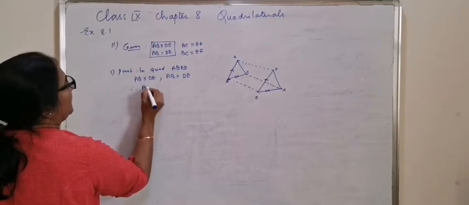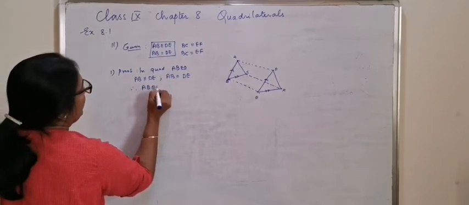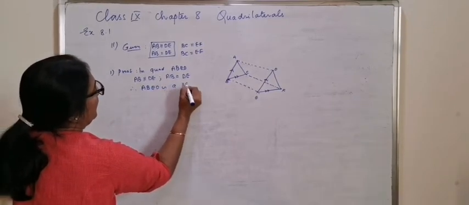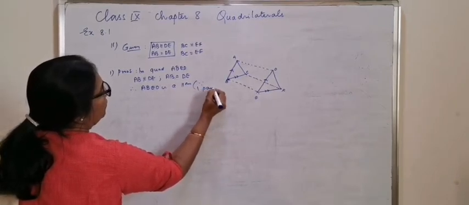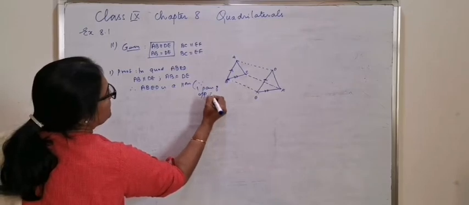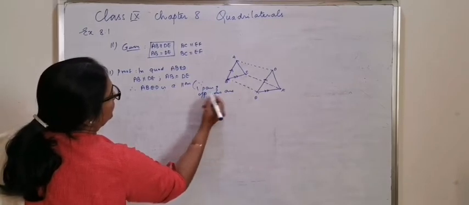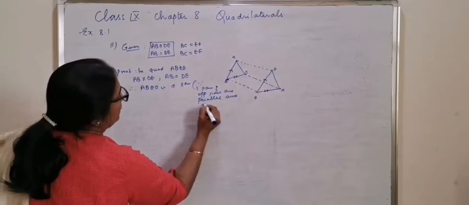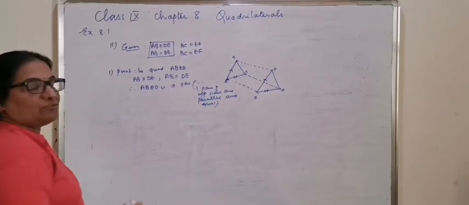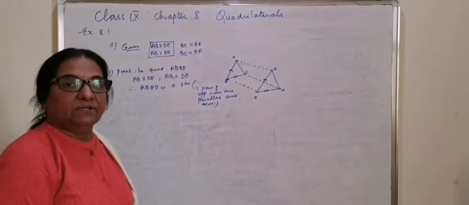Therefore, ABED is a parallelogram since one pair of opposite sides are parallel and equal. The same pair of opposite sides are parallel and equal.